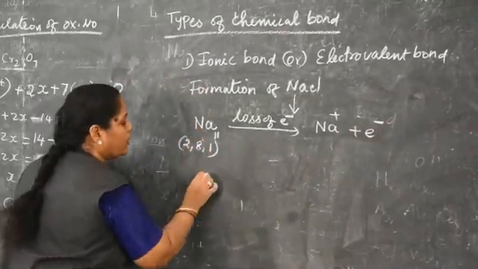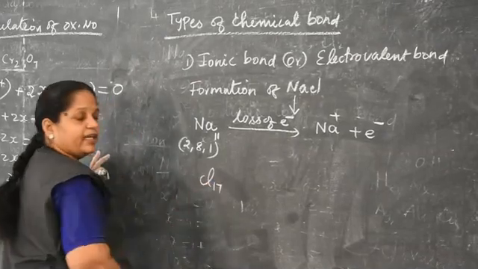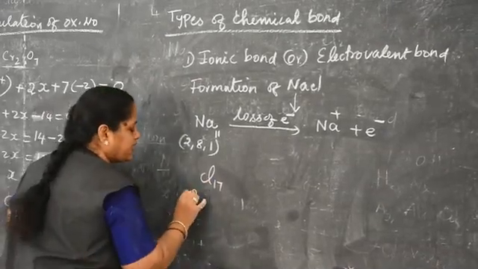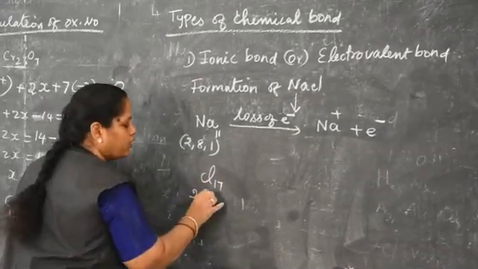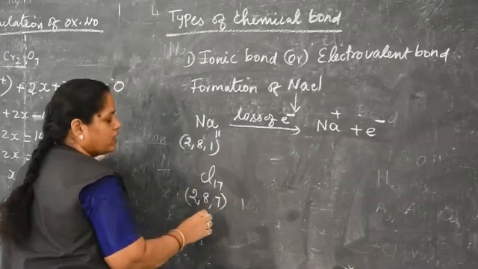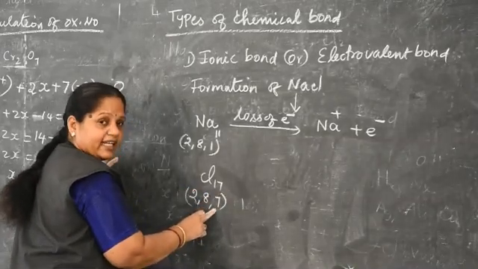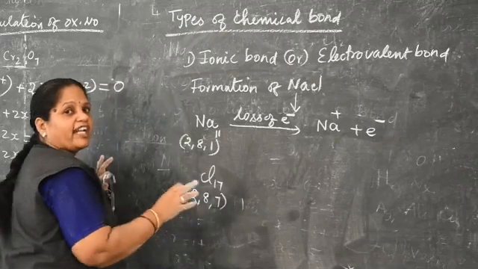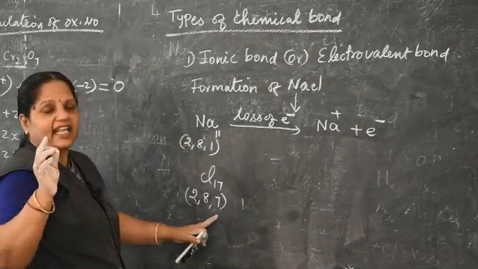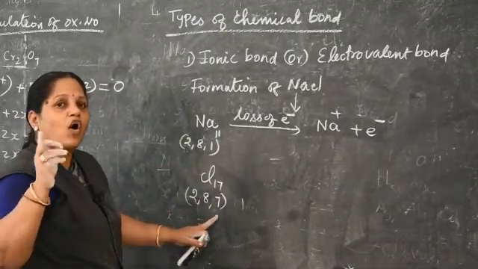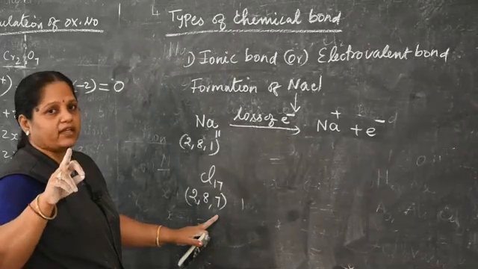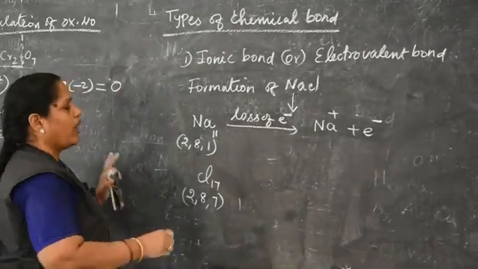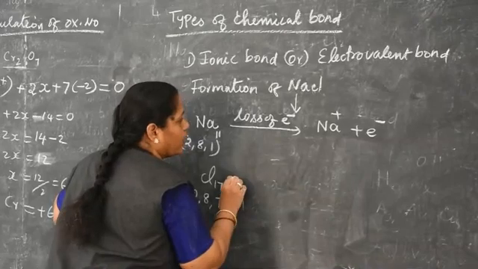And the chlorine atom, atomic number 17. What is its electronic configuration? 2, 8, 7. So here there are 7 electrons. For attaining 8 electrons in the outermost shell, it needs 1 more electron. That's why it gains an electron.